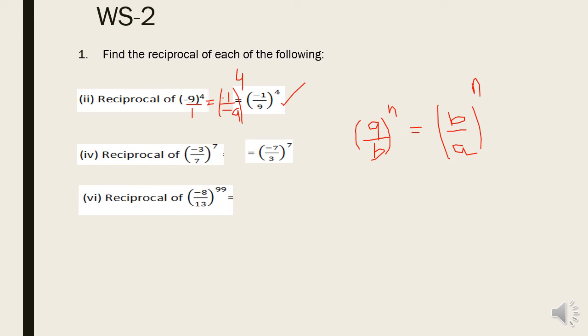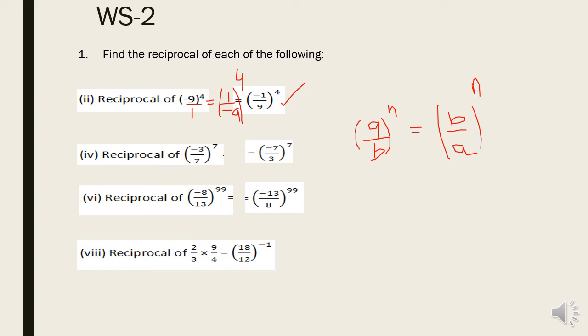Now, sixth part, reciprocal of (-8 upon 13)^99. The answer is equal to (13 upon -8)^99, which gives us (-13 upon 8)^99.